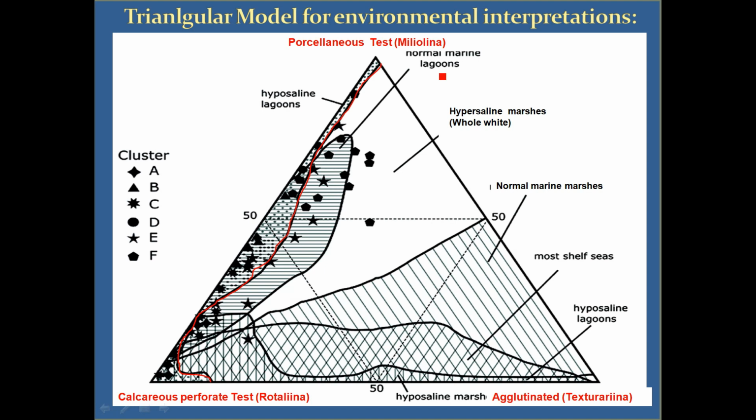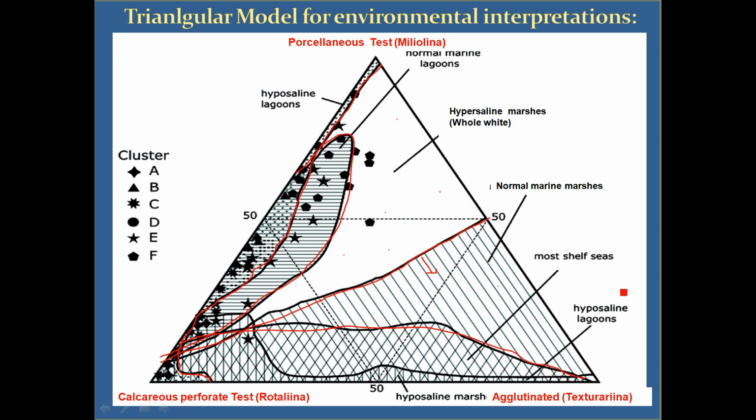If they are from normal marine lagoons, then they will fall in this region within the triangular diagram. Similarly, if they are from the hypersaline marshes, they can fall anywhere in this white portion. If they are from normal marine marshes, they will fall anywhere inside this region. And if they are from most shelf areas, they will fall within this region.